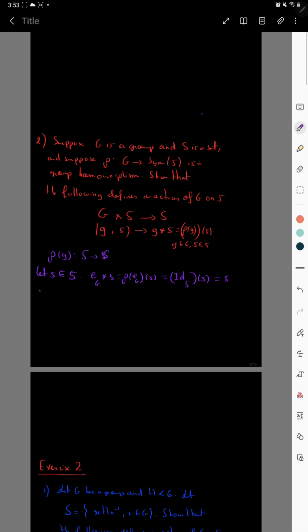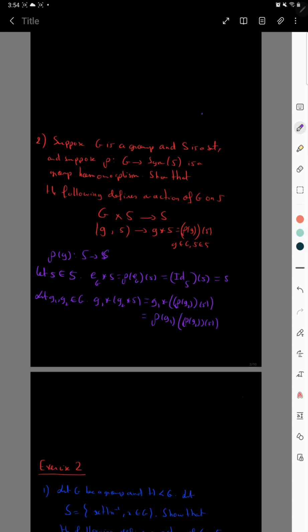Great. Now let g1, g2 be in G. What is g1 star g2 star s? This is just g1 star, what is g2 star s? This is just rho of g2, which is a function on S, applied to s. By the definition, this is just rho of g1 applied to rho of g2 applied to s.